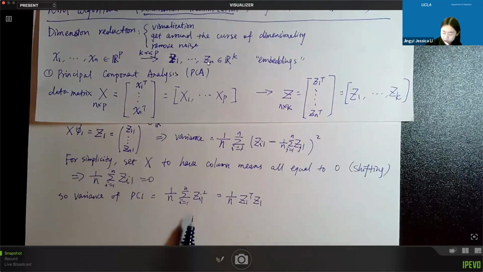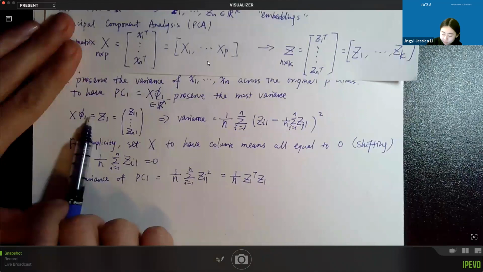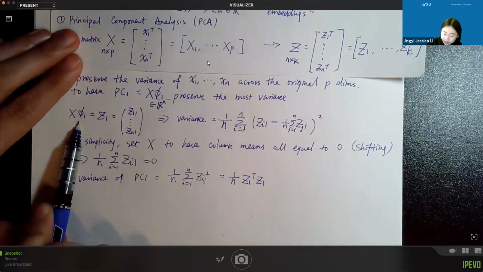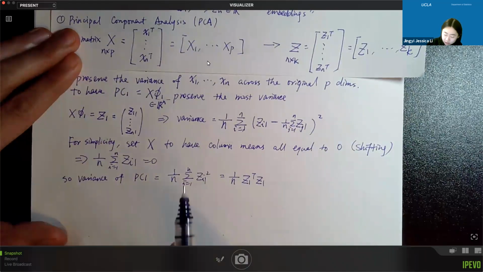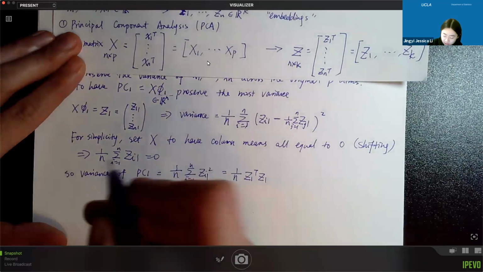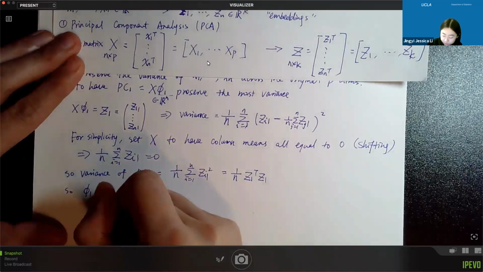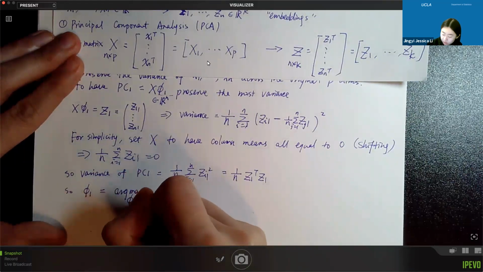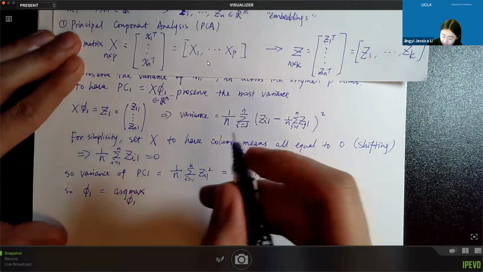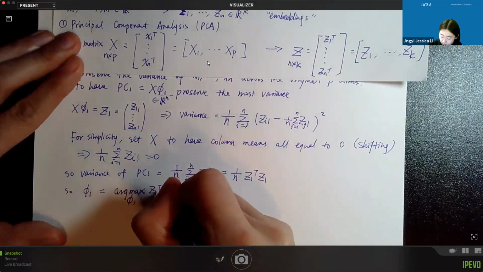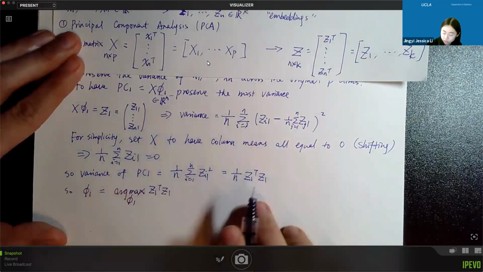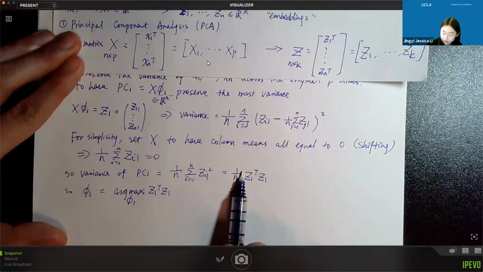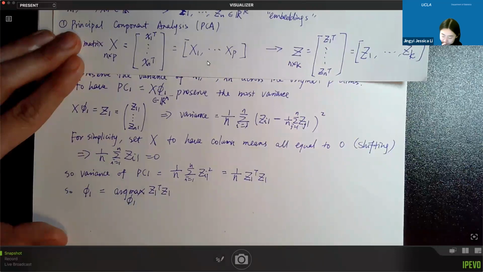Therefore, to find this phi 1 is to maximize this variance. So phi 1 should be found to maximize z1 transpose z1. I can drop this 1 over n. It's not affecting my optimization.